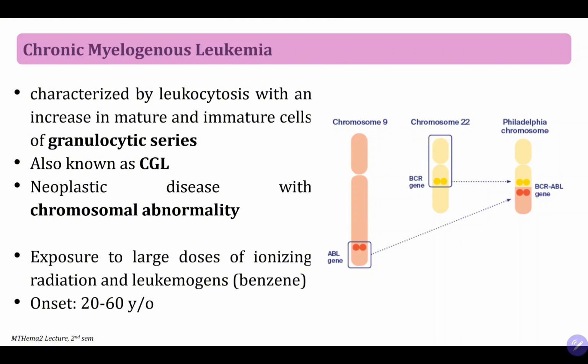Chronic myelogenous leukemia or chronic myeloid leukemia, or simply CML, is a chronic myeloproliferative neoplasm characterized by leukocytosis, or increased WBC, with an increase in mature and immature cells of the granulocytic series. But usually, since it's chronic, the first affected cells are the mature granulocytes. Thus, it was first described as CGL, or chronic granulocytic leukemia.